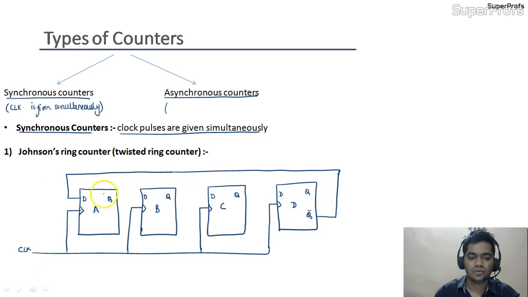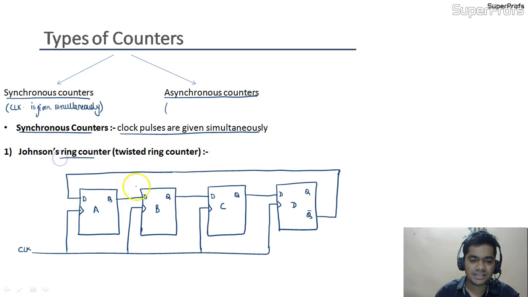So we are connecting Q bar with D. The output of A is connected to the input of B, the output of B is connected to the input of C, and the output of C is connected to the input of D, and the complement output of D is connected as feedback to the input of A. So this is the basic diagram for Johnson's ring counter or twisted ring counter.